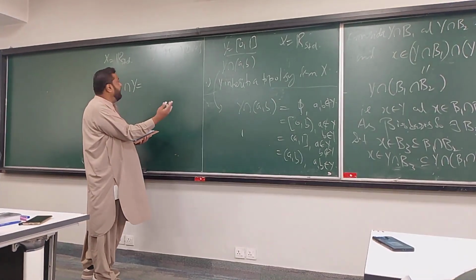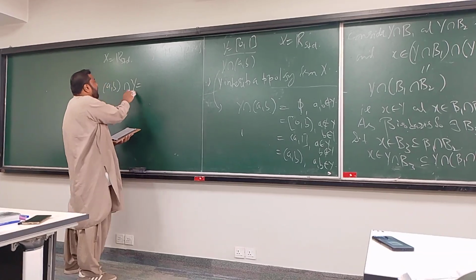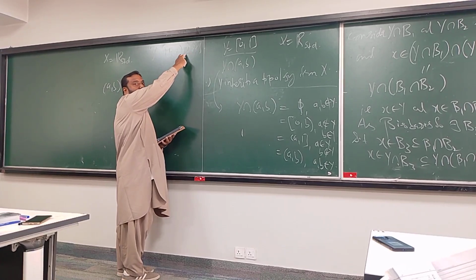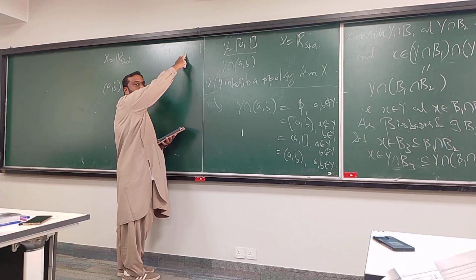You just have to think about the relationship between (A,B) and Y, keeping in view that you now have this additional point 2, and 0 is not inside.